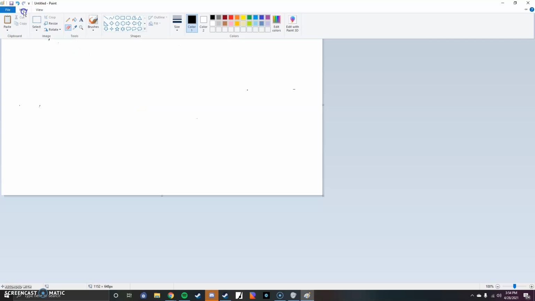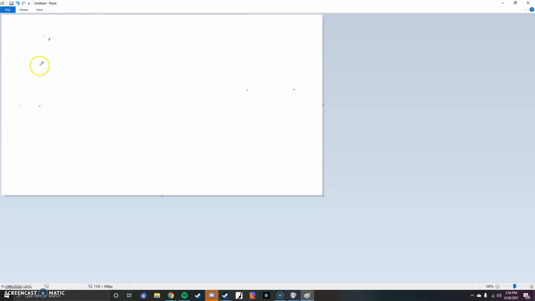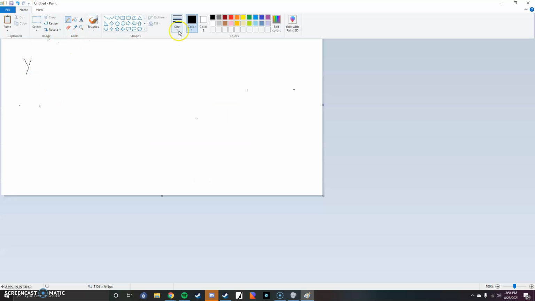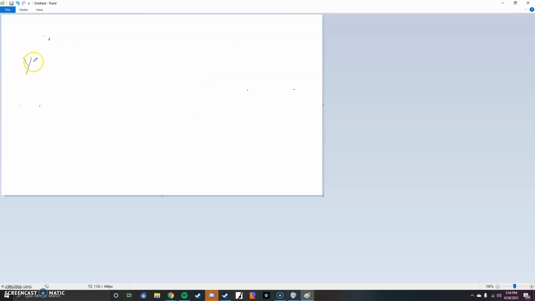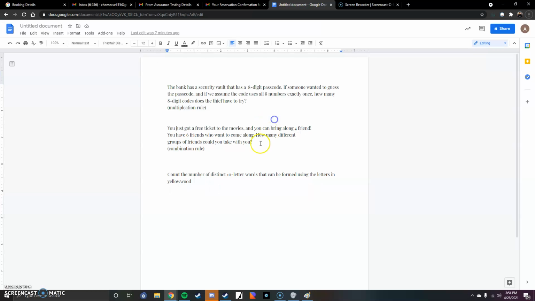Okay, so I'm just gonna write it out real quick. Brushes, pen. Okay, so we're gonna write Yellowwood. Oh, it's too small. Okay, disregard that. So I'm gonna write Yellowwood.